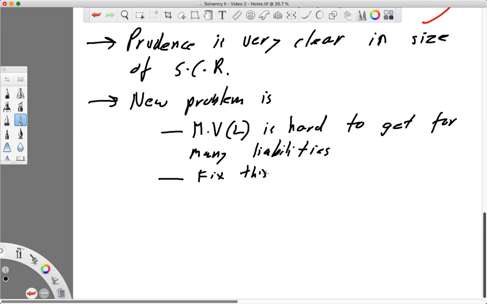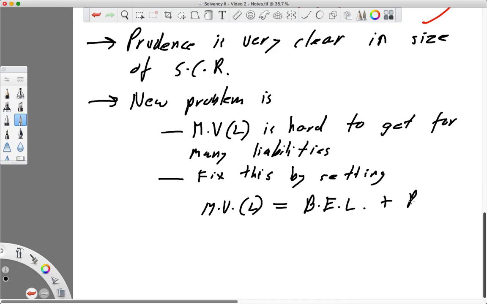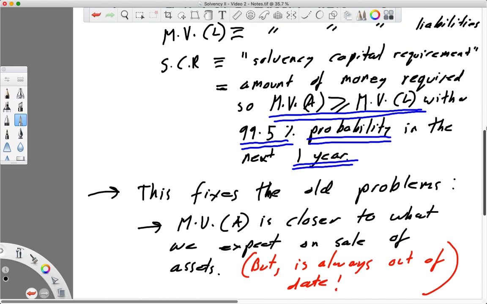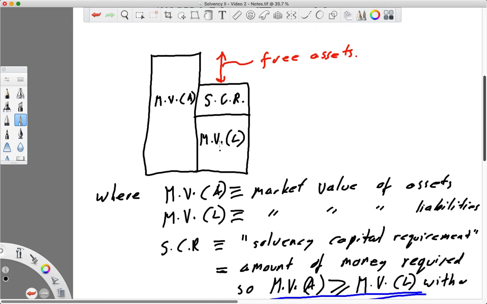We fix this by setting market value of liabilities equal to BEL plus risk margin. So for most of your liabilities, this is the calculation you use. Instead of having a market value of liabilities here, you have two pieces.